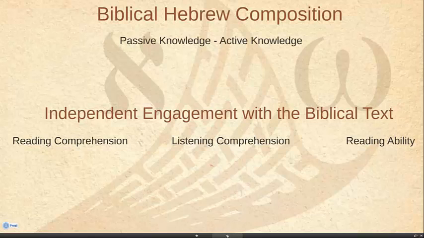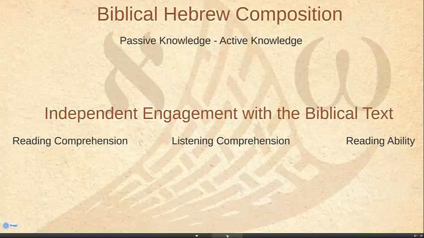The more active your knowledge in the language, the longer your knowledge will be retained. And so the composition side of the course is a bid from us to promote your active knowledge in the language.